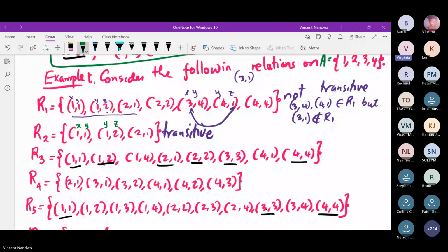It's not supposed to be like that. But we have 2 in R2. We have 1.